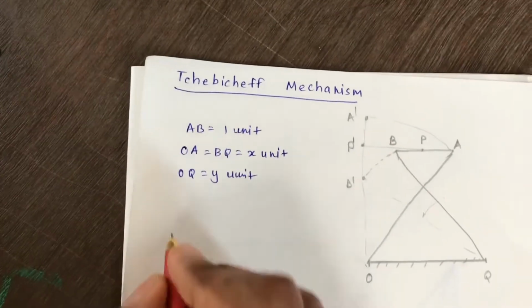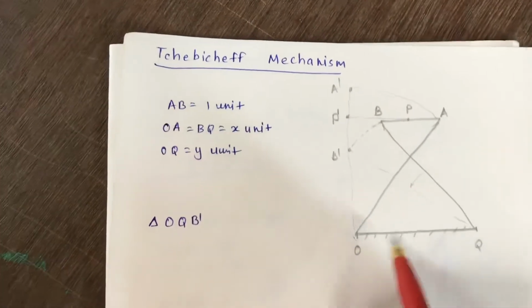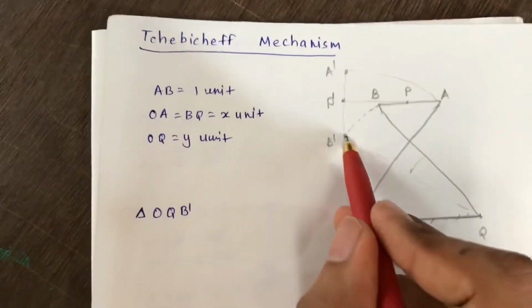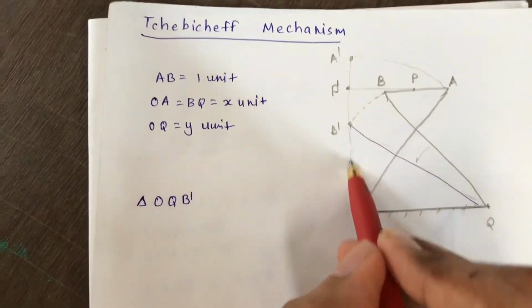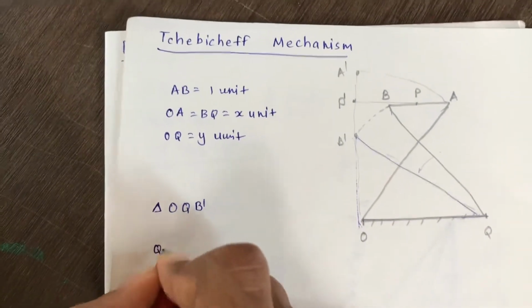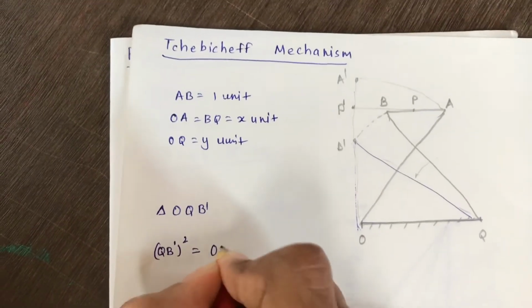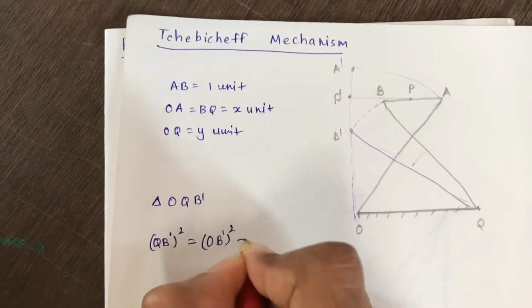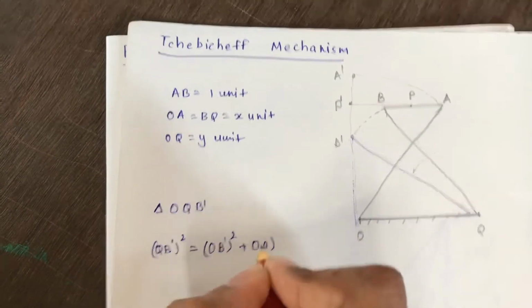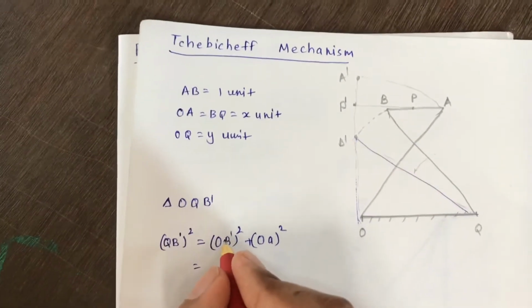So consider triangle OQB dash. In this triangle, according to Pythagoras, we can write QB dash square, hypotenuse square, equal to OB dash square plus OQ square. Now what do you mean by OB dash?